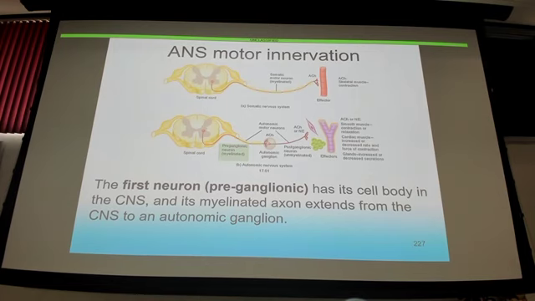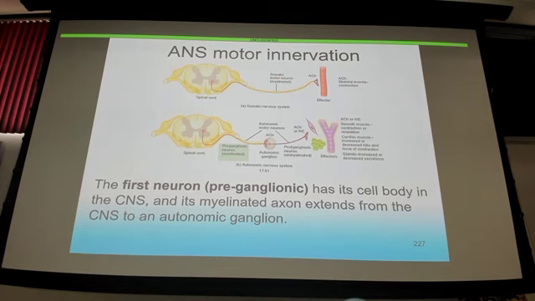When we look at the first, now just switch, forget about somatic, and let's look at autonomic. When you look at and name these, the first neuron in the autonomic nervous system is called the preganglionic. And its cell body is in the central nervous system. I'm talking slower now because we're going to walk all the way from here out to our effectors as we go through here in the next hour. But if you get the small parts as I'm going through.